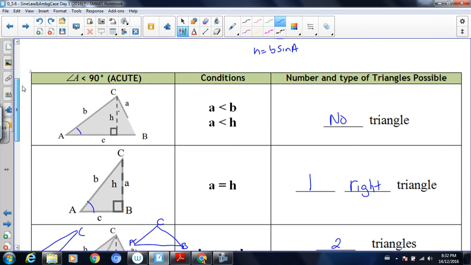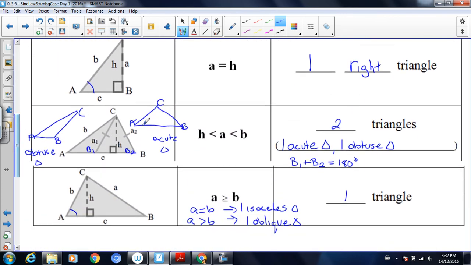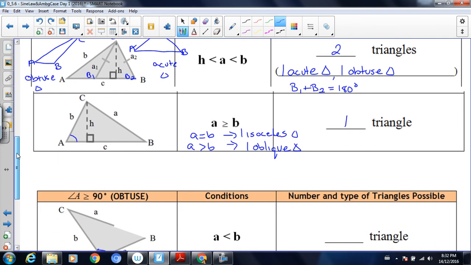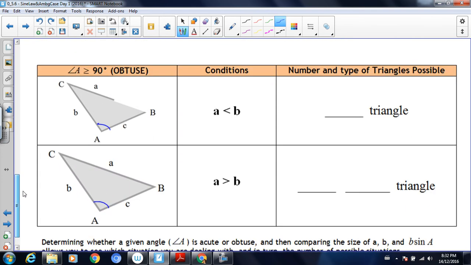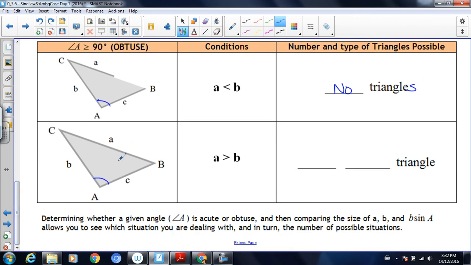Anytime angle A is less than 90, then yes, you have to find the height, and then determine if side A is greater than the height and less than side B, and so forth. If side A is less than side B, you will have no triangles.